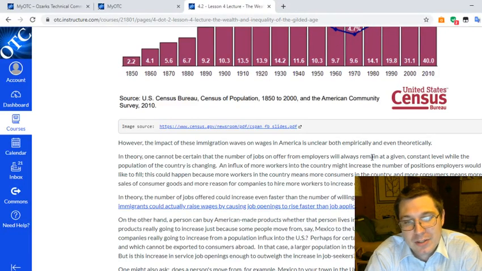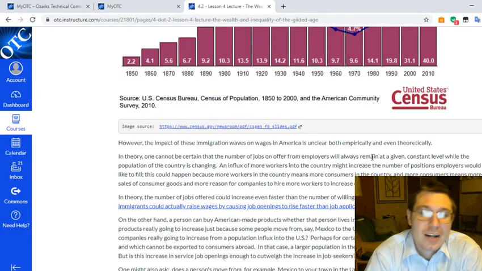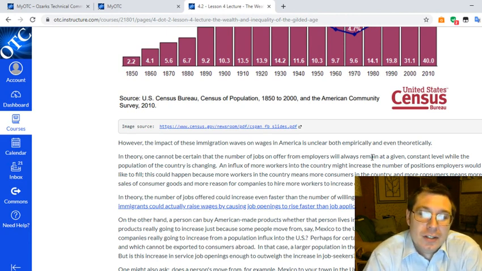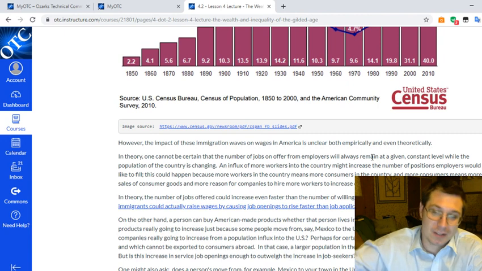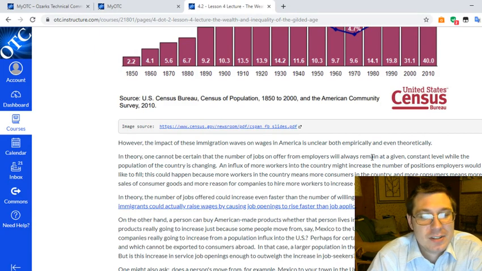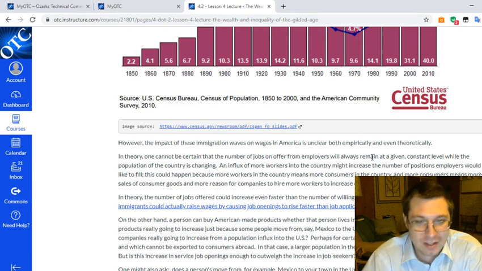This could happen because more workers in the country means more consumers in the country, and more consumers means more sales of consumer goods and more reason for companies to hire more workers to increase output. So in theory, the number of jobs offered could increase even faster than the number of willing workers coming into the country.